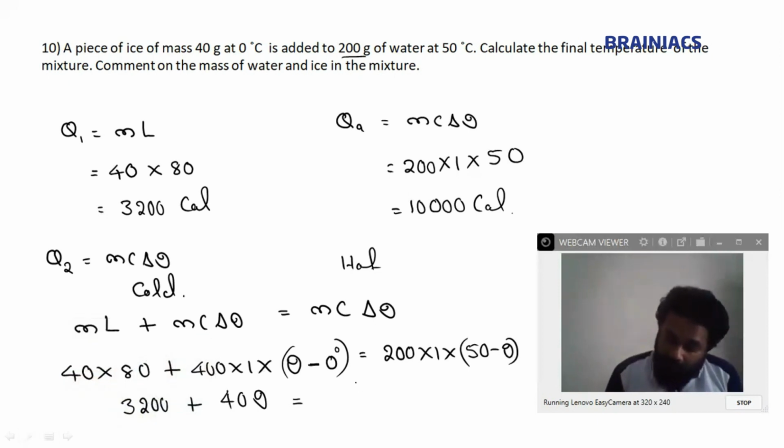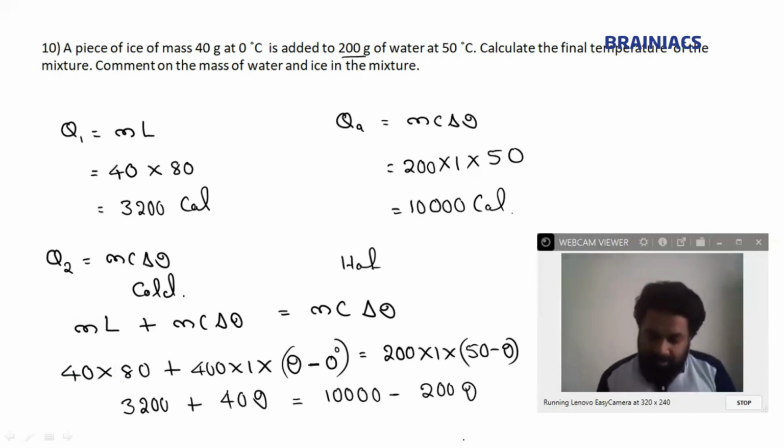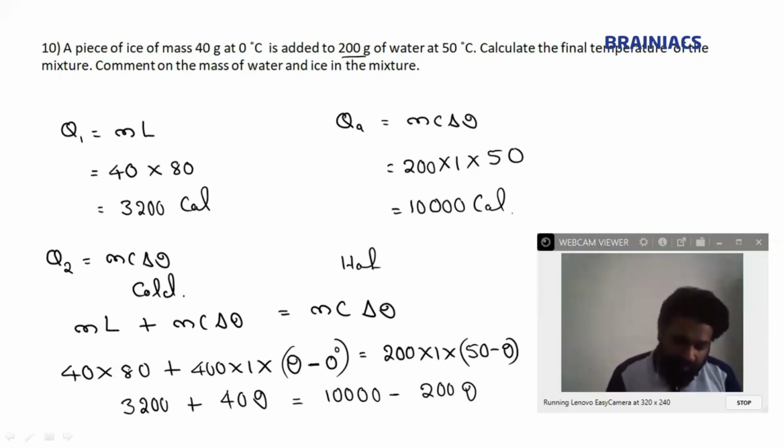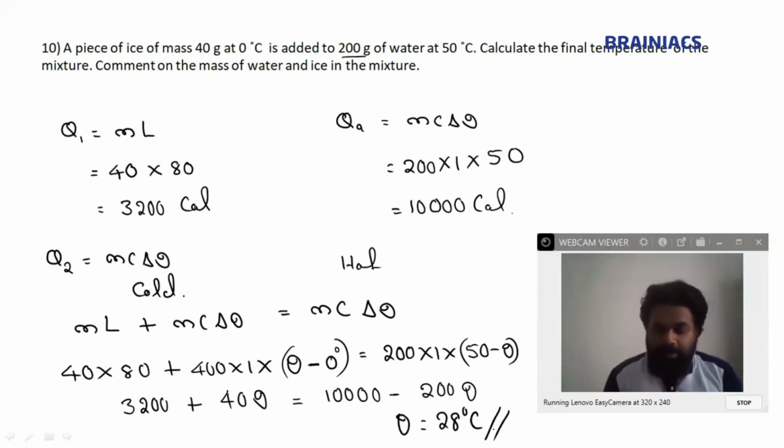This is equal to 200 into 50, this is going to be 10,000, minus 200 theta. This theta is the theta of the mixture. So if you simplify this, this will become 6800 divided by 240. Theta will become 28 degrees Celsius. This is going to be the temperature of the mixture.